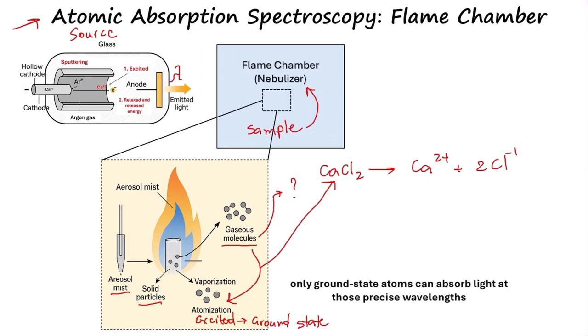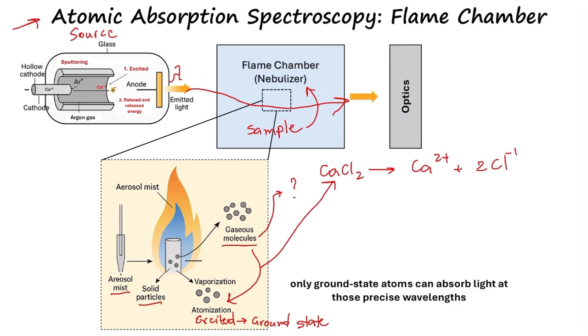Now you have a cloud of free ground state atoms suspended in the flame. When the light from the hollow cathode lamp passes through this atomic vapor, atoms of the same element will selectively absorb their matching wavelengths. After passing through the flame and interacting with the free ground state atoms, the remaining light continues into the optical system.